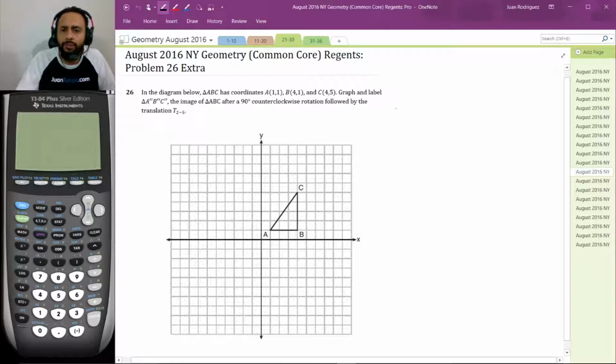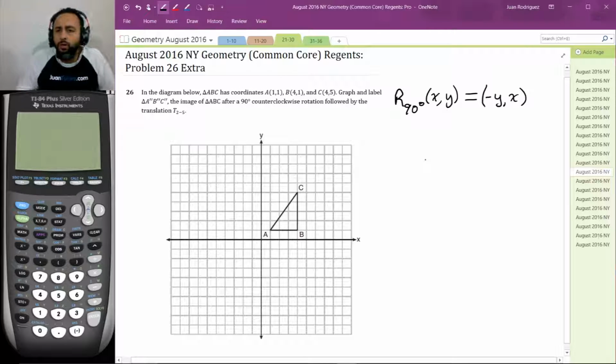Okay, so some things to know. A rotation by 90 degrees counterclockwise of a point (x, y): if you want the formula, you switch the x and the y, and then you negate the first coordinate. So (-y, x).